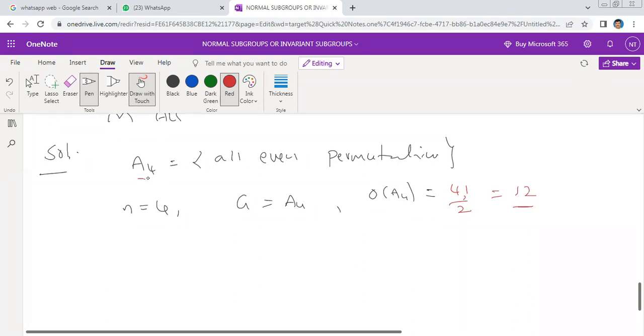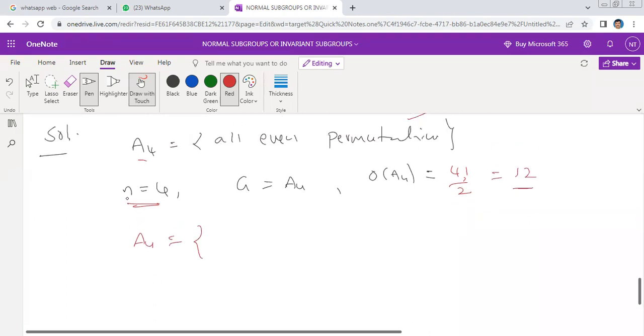Alternating group A4, set of all even permutations. This is the important one. It consists only of even permutations, n is equal to 4. These are ఎలా ఉంటాయో తెలుసుకోవాలనుకున్నప్పుడు, you see here, this A4 consists of identity permutation I, which is 1 2 3 4.